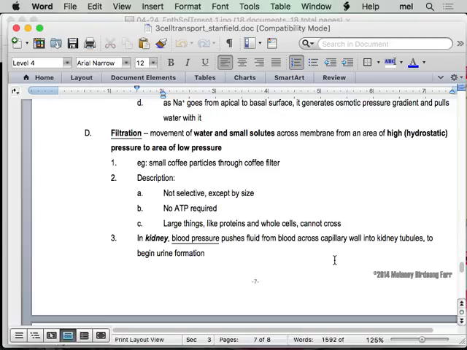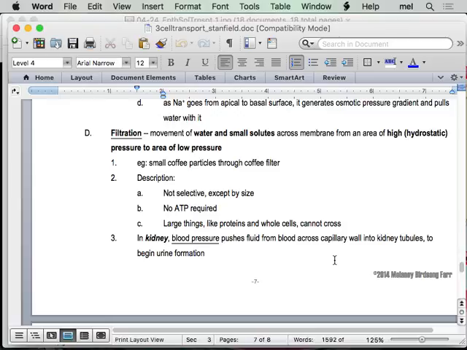It's just that you use pressure as a driving force instead of worrying about concentrations. Your textbook doesn't talk about it at all until it gets to the kidney, the urinary system, at the very end of the semester. But filtration in my mind goes here. It's a good place to talk about this transport mechanism.